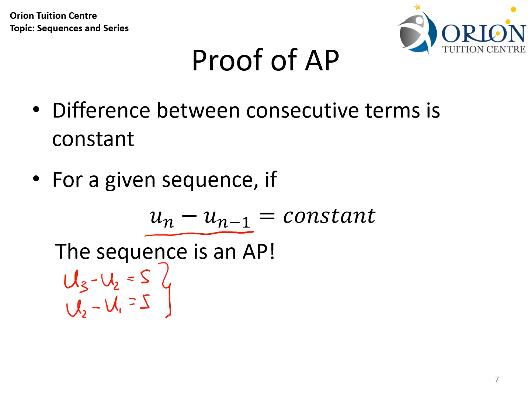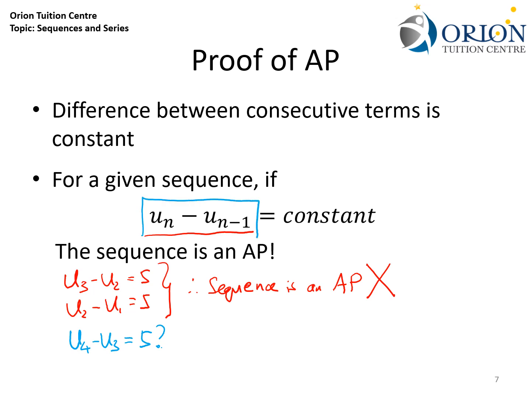And because both of these are equal, we say that the sequence is an AP. This does not work this way because we do not know whether subsequent terms, for example, U4 minus U3, is going to be equal to 5. Therefore, we will have to make use of these general terms which ensure that all the differences between all the terms within the given sequence is going to be a constant.